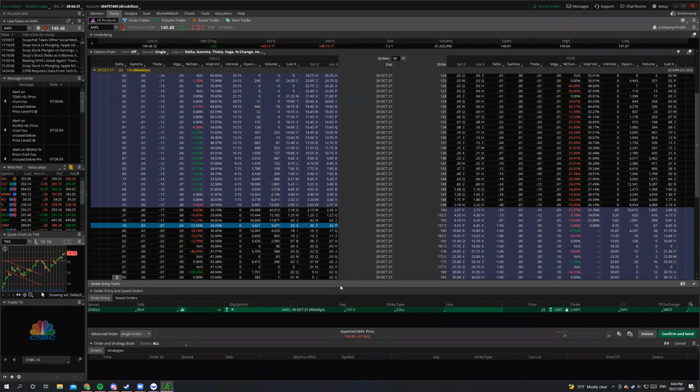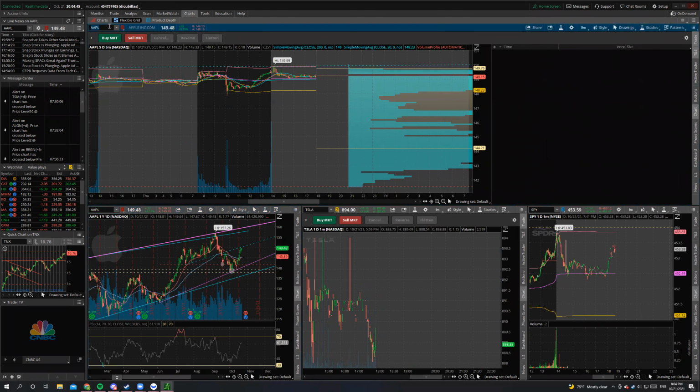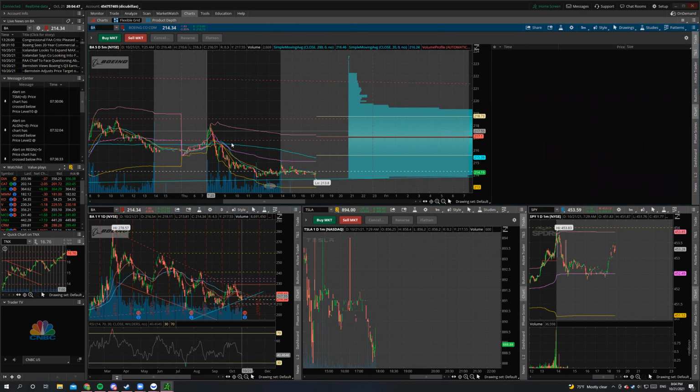That's nice. So I can set a limit buy for whenever it drops to the level to buy. Exactly. If you like to work with levels, just set your stops based on the expected prices that Thinkorswim calculates for you. Of course, if the volatility changes dramatically, it's not going to be exact, but it gives you a good idea.